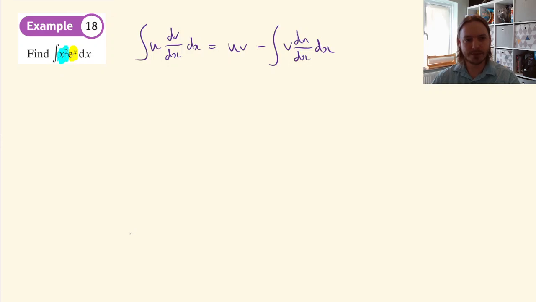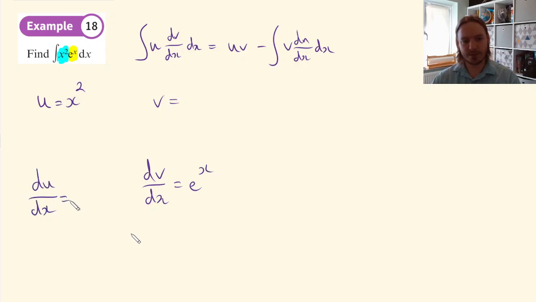What we saw in the previous example was that if I choose u equals x squared and dv by dx equals e to the x, therefore du by dx equals... this may work, or maybe I need to choose the other way around, and I need to just play around and experiment with this and see what's happening.